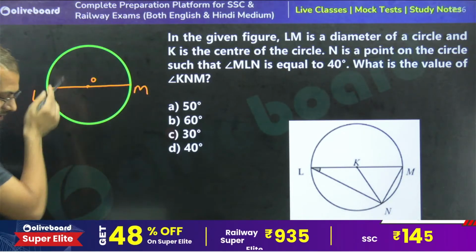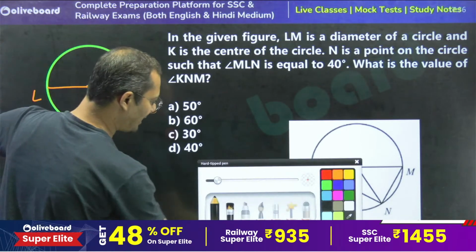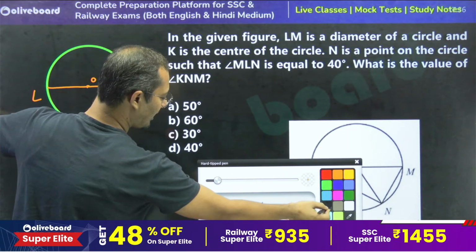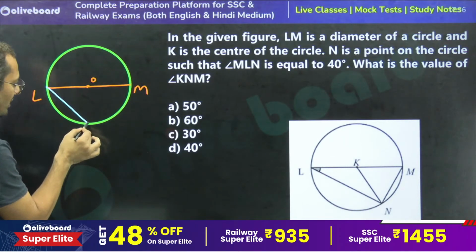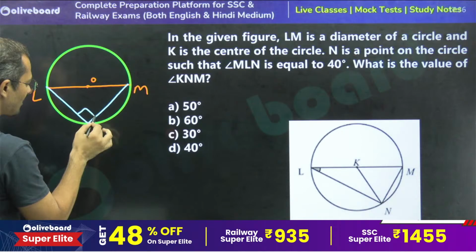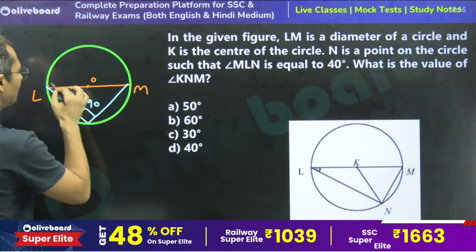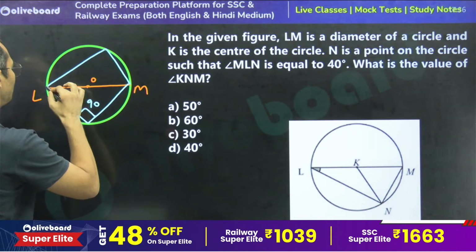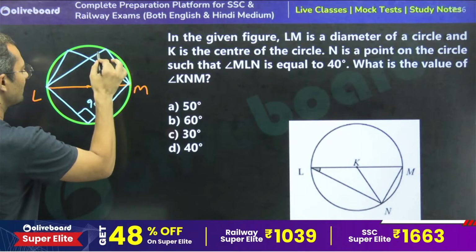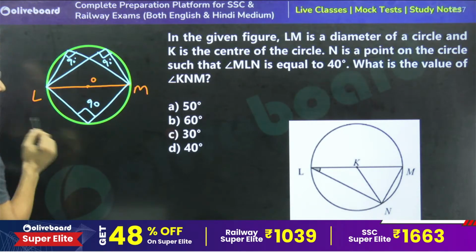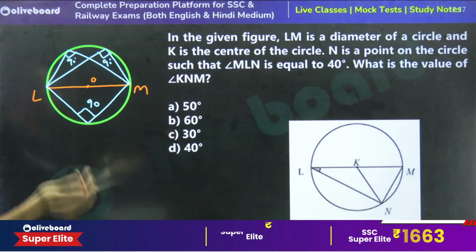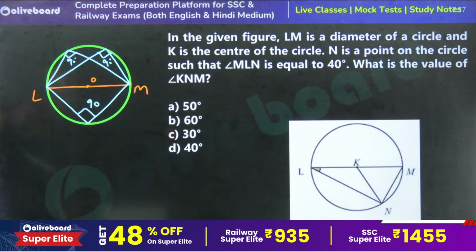We must know that the angle subtended by the diameter in either segment at the circumference is always equal to 90 degrees. So this is always 90 degrees and this is also 90 degrees. Is this clear?